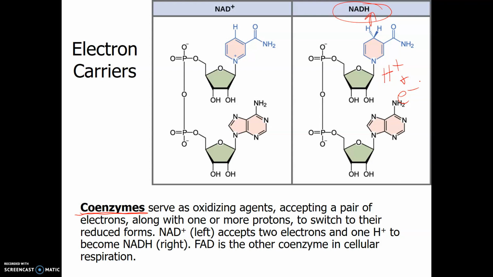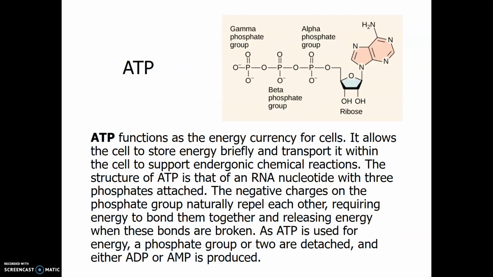And by doing that, the NADH becomes oxidized and it reduces another chemical by helping it to gain electrons. And that gain of electrons can ultimately be used to form ATP.